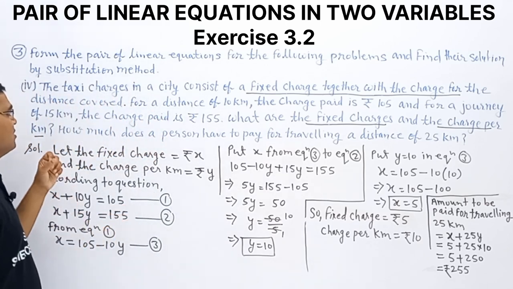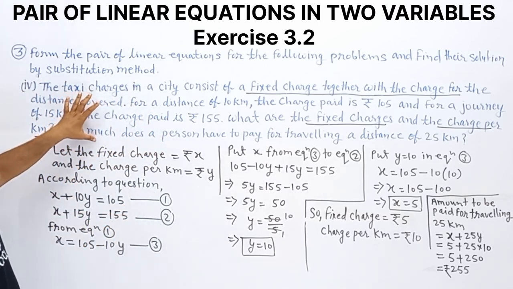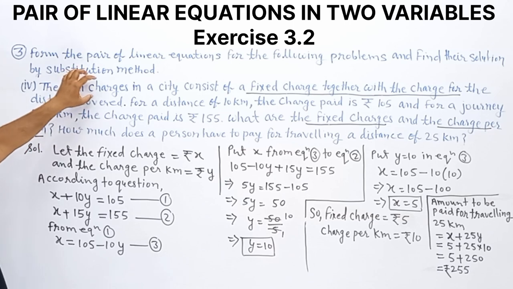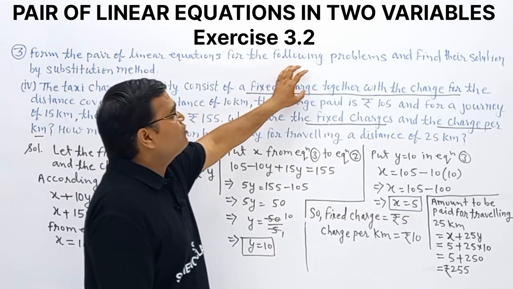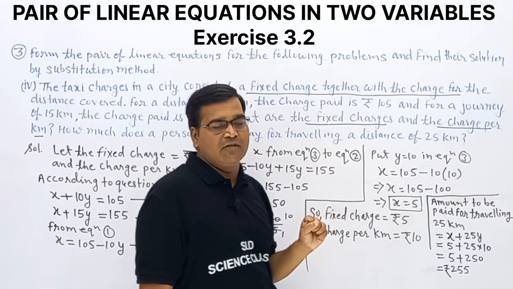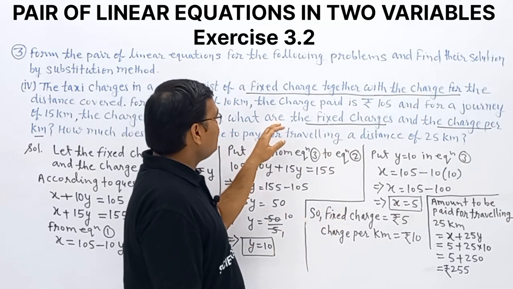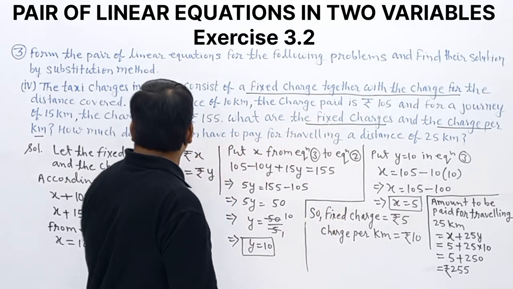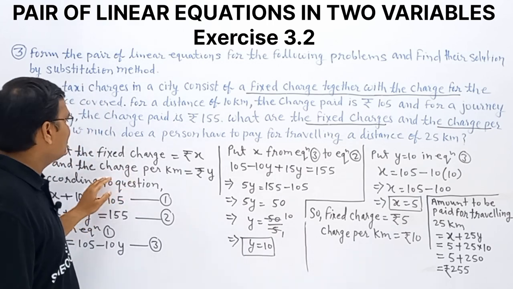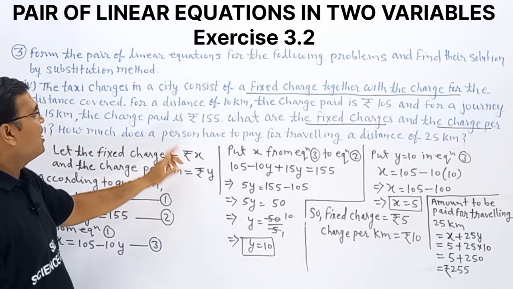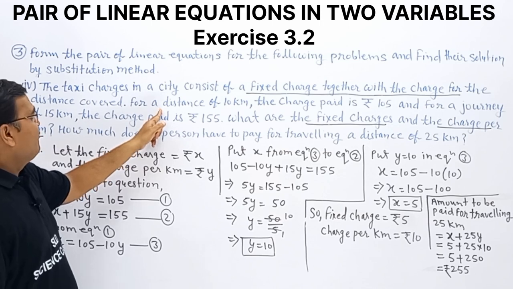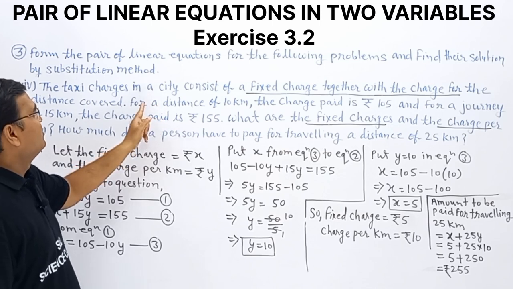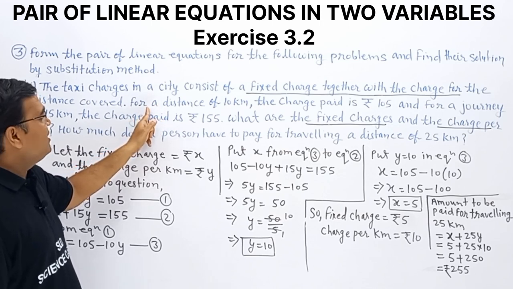Observe again. In a city, the taxi charge has a fixed charge together with a charge per kilometer. So first we assume the fixed charge is x rupees and the charge per kilometer is y rupees. Now we have two situations and we form a pair of linear equations.